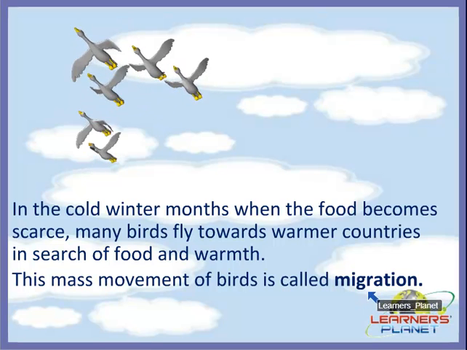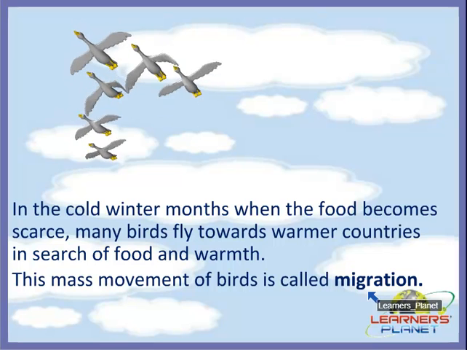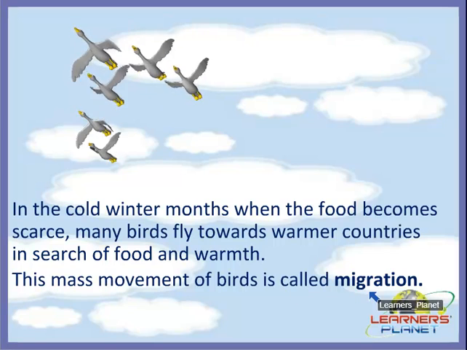Means flying from one place to another place in search of food and warmth, right? So this is called migration. And it happens only in birds, not in animals, right?